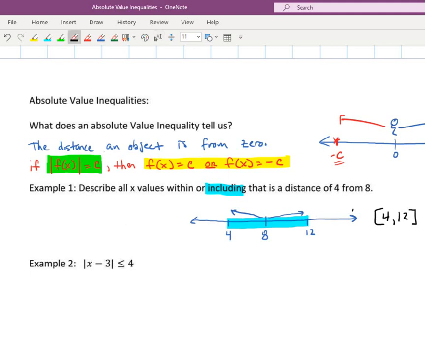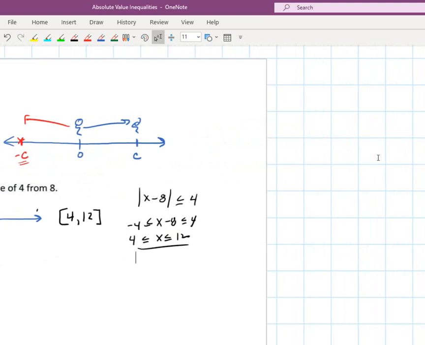When we're talking about absolute value inequalities, I'll come over here and just give you some rules. I have a hard time seeing my cursor.